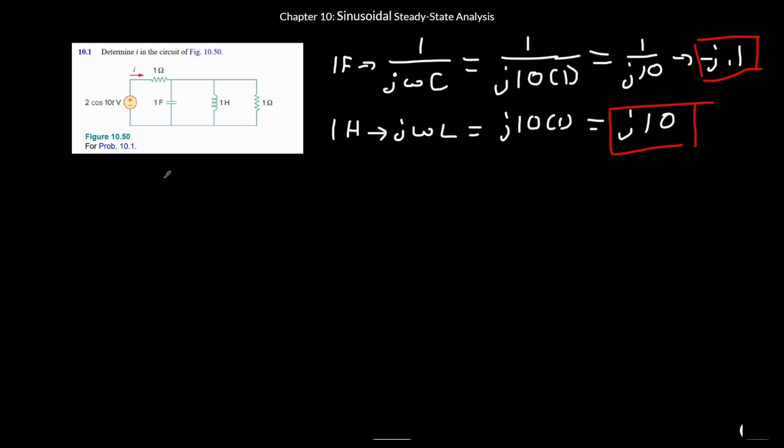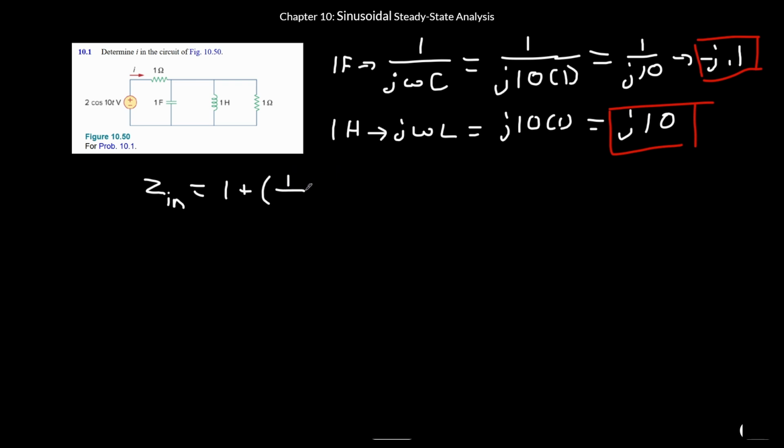So our formula for the input impedance is equal to 1, which is our first resistor, plus our capacitor, inductor, and other resistor, all in parallel. And of course, we know how to do resistors in parallel. This is pretty simple. We'll just add all these parallel parts as if they were resistors.